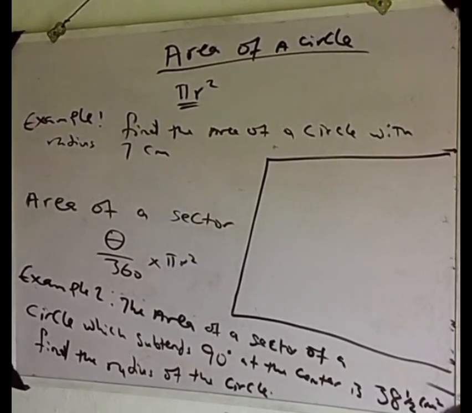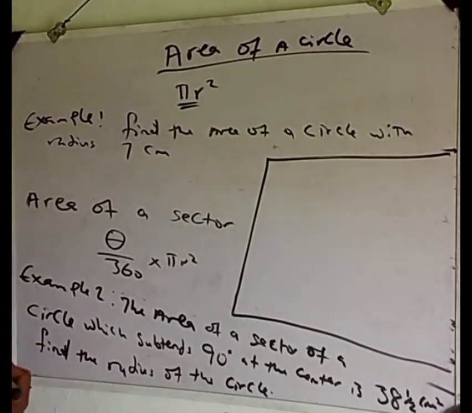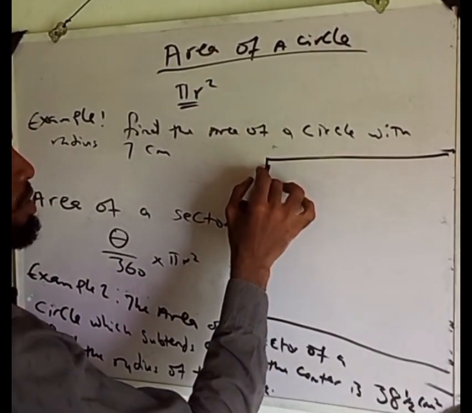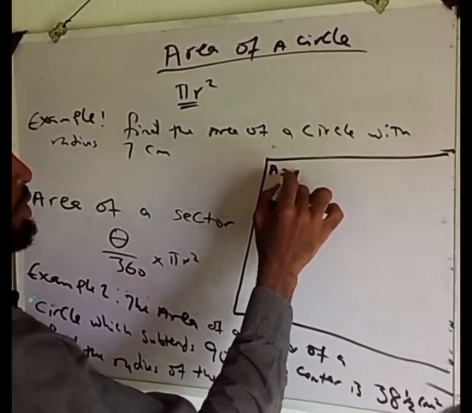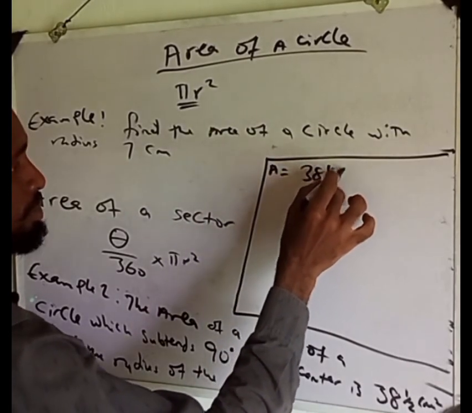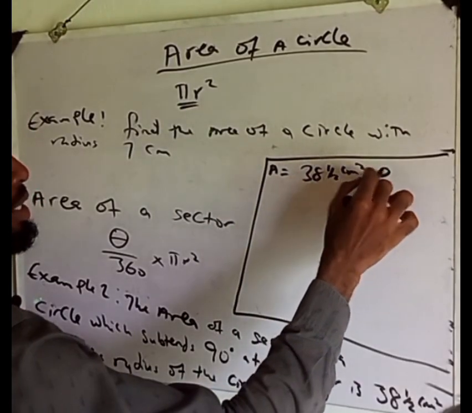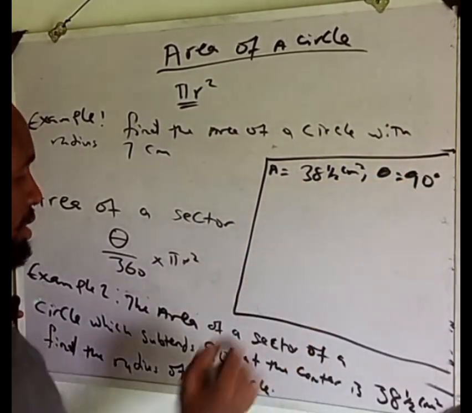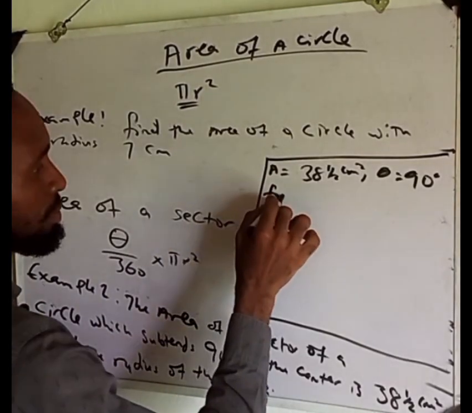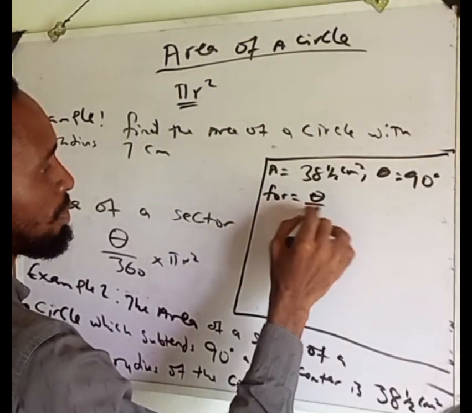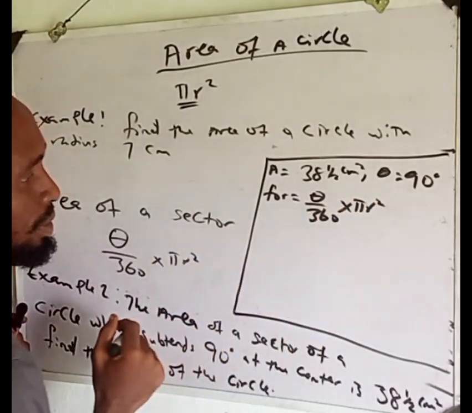Find the radius of the circle. So this is just the same question, but I twisted it in another way. So we are given that area of the sector is equal to 38 and a half cm squared. We're also given that theta is equal to 90 degrees, right? So we have that the formula is equal to theta over 360 times pi r squared.